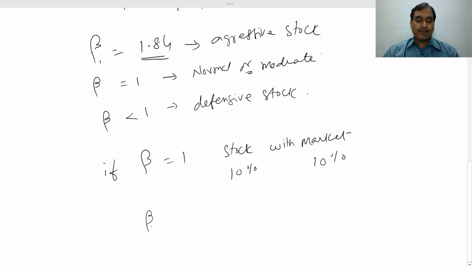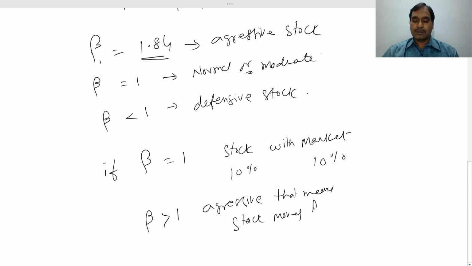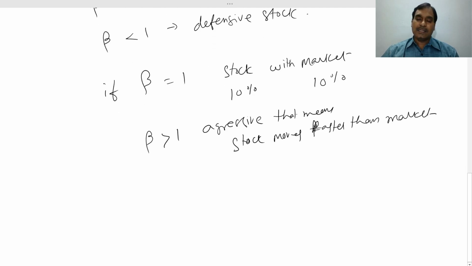And if beta is greater than 1, then we call this aggressive. That means the stock moves faster than the market. In the sense, if there is a 1% increase in the market, and the stock has a beta of 1.8, then the stock return moves 1.8%. That means the stock is faster than the market.